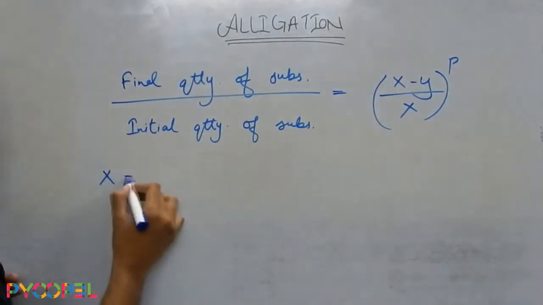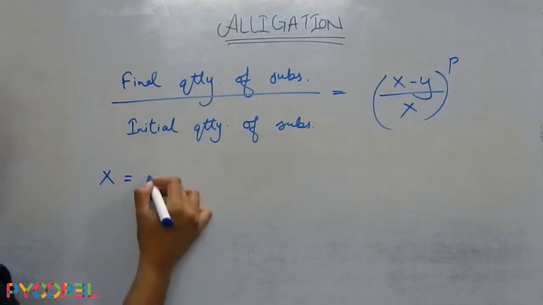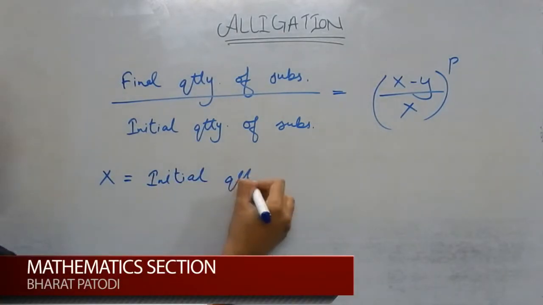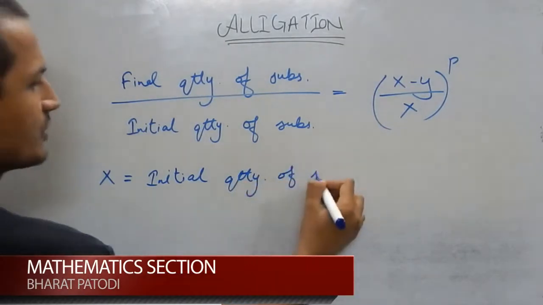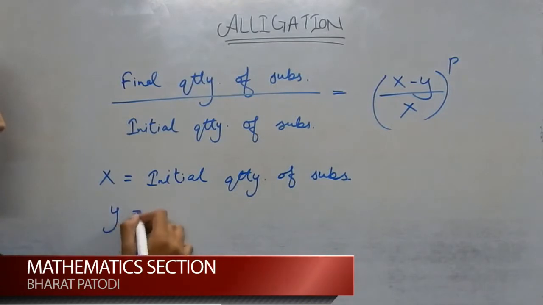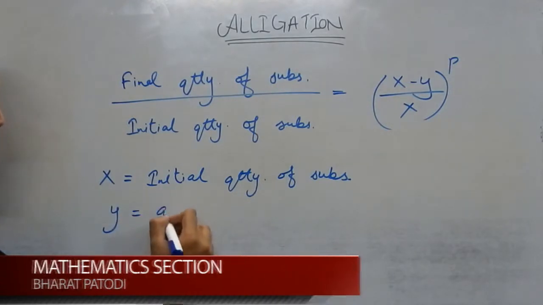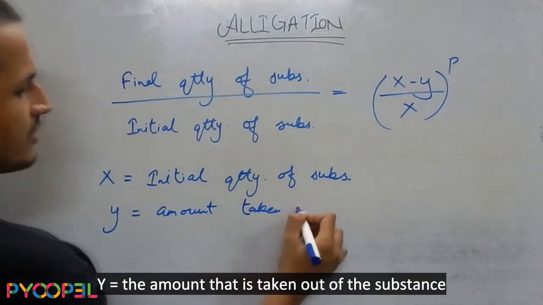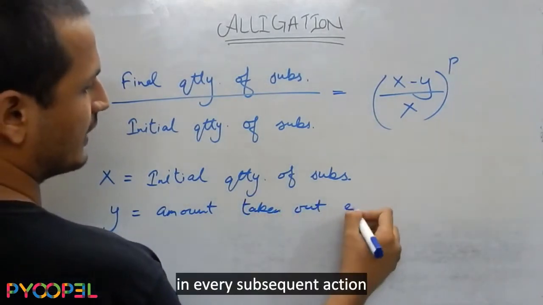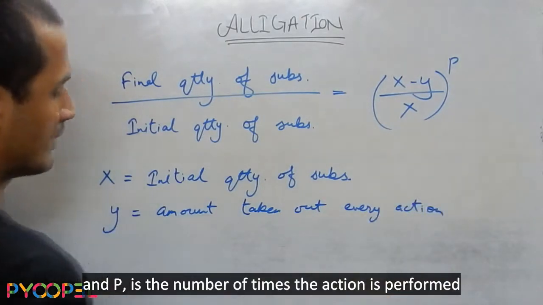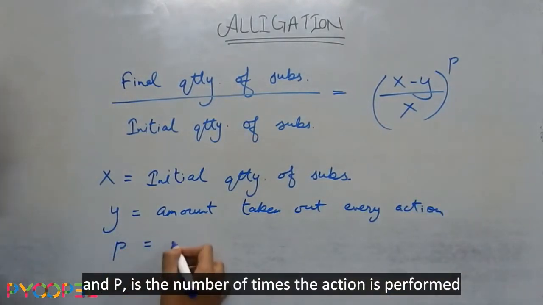Here X is equal to the initial quantity of the substance, and Y is equal to the amount that is taken out of the substance in every subsequent action, and P is the number of times the action is performed.